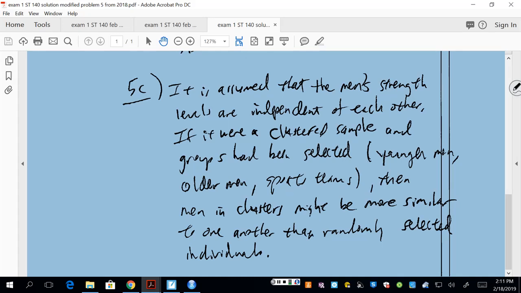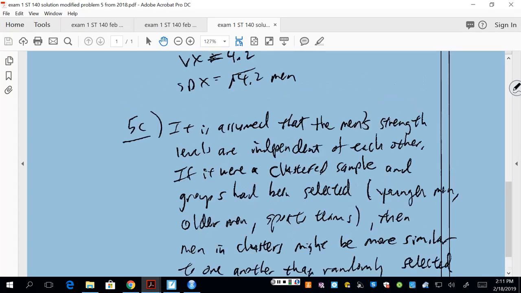It would not be independent if they were in clusters, like you get a group of men at a retirement home versus a group of athletes in college or something else. If you're taking clusters of individuals, then they're probably more similar than randomly selected people. So it would kind of invalidate the chances and probabilities. If you happen to get a group of athletes who are really strong into the sample, then you'd get much more than 4. And so that would probably boost those extreme probabilities. But anyway, so some discussion of that.